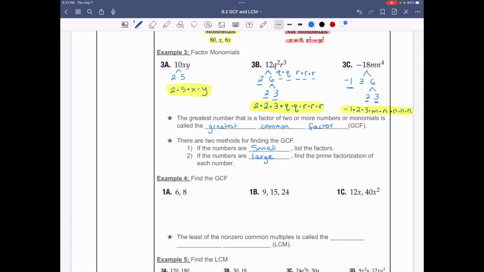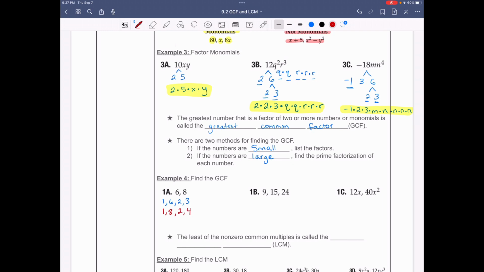Factors of 6 are 1 and 6, 2 and 3. Oops, 2 times 3 is 6. Factors of 8, I think I was thinking of 8 when I said that. Factors of 8 are 1 and 8, 2 and 4.